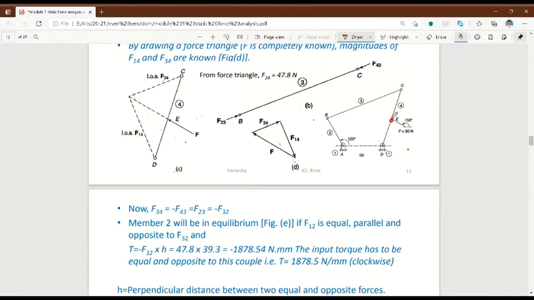CD length is, I think, 70 mm, so E is 35 mm from C or 35 mm from D. So we can locate this point.